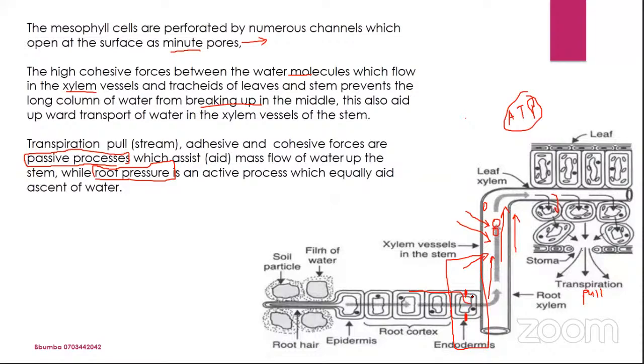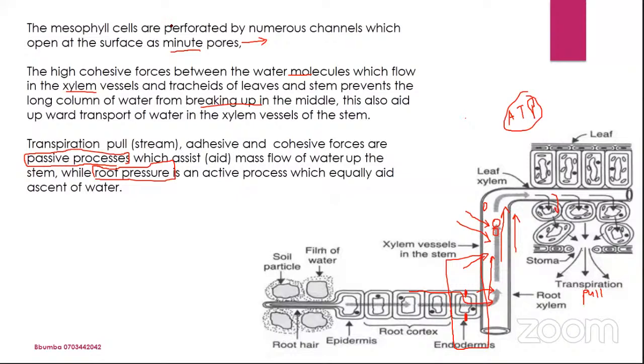And sometimes also these endodermal cells actively secrete ions into the xylem, making this solution have a low water potential, to be more concentrated. Now that pushes water to move via the symplast pathway to enter the xylem, as I said last time.